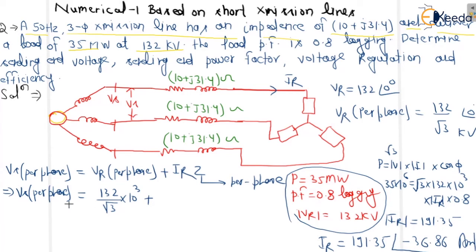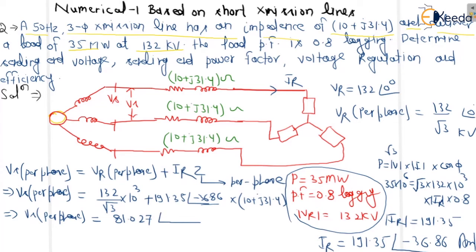Now I'm going to put this in the equation for Vs per phase: 191.35 at the angle of minus 36.86 into Z, which has been given as 10 + j31.4. When we calculate, Vs per phase comes out to be 81.027 at the angle of 2.575 degree.